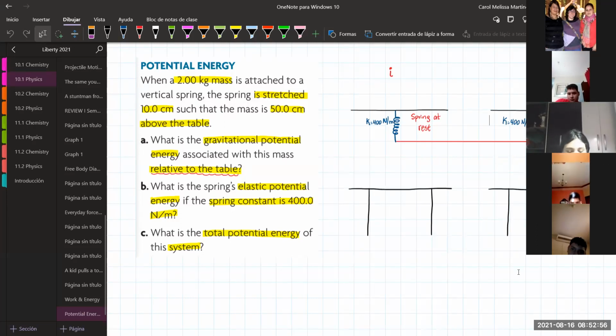It's giving you newtons and meters. And x is given in centimeters and h is given in centimeters. So we have different units. The first step that we will need to do is perform a conversion.